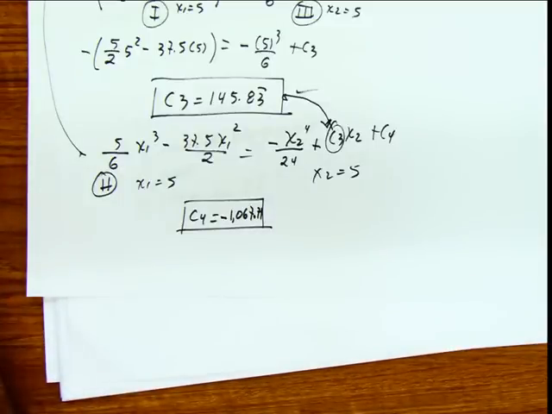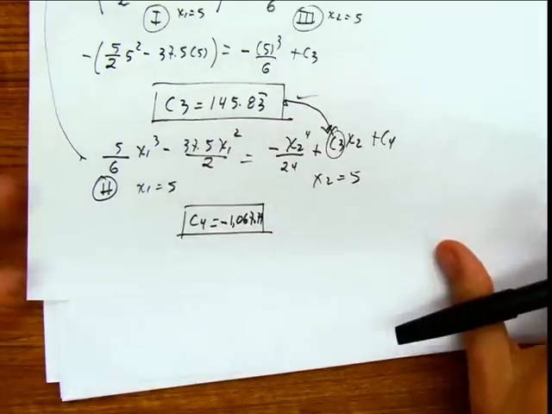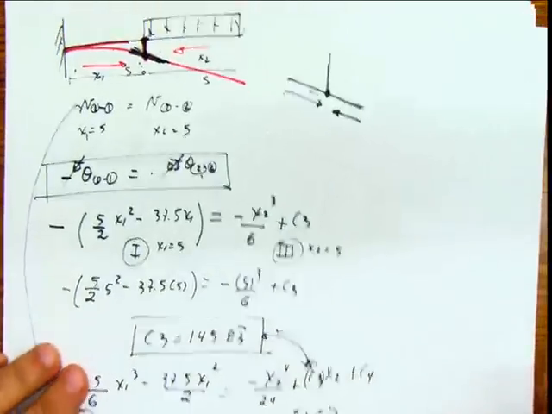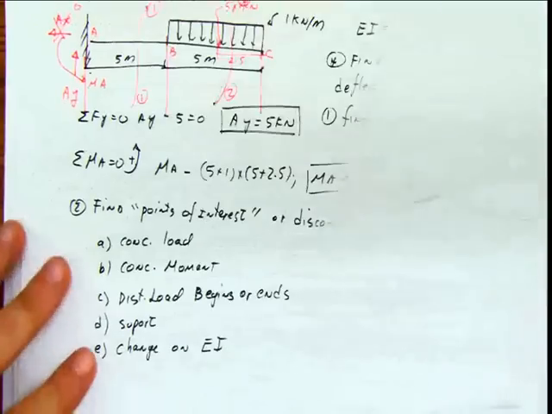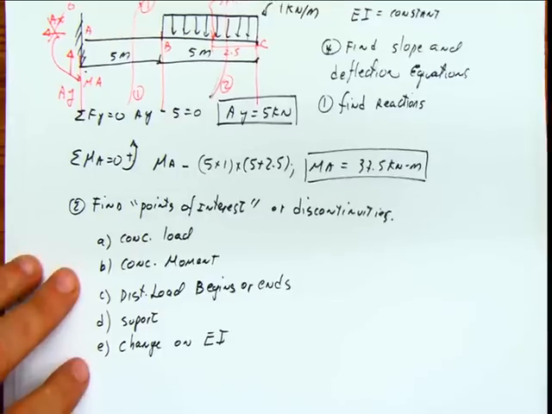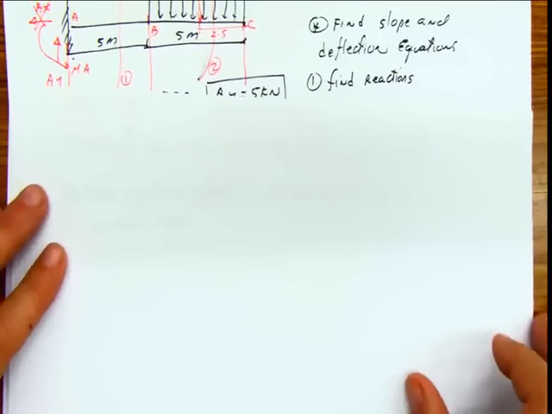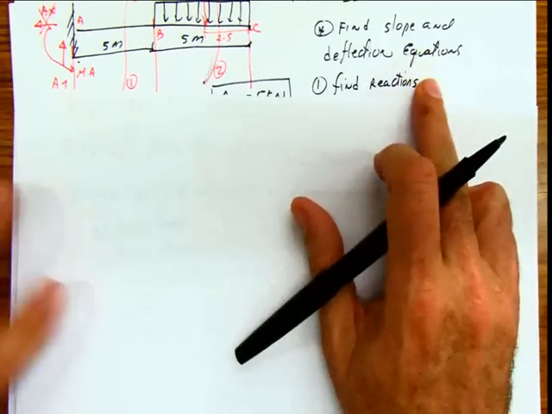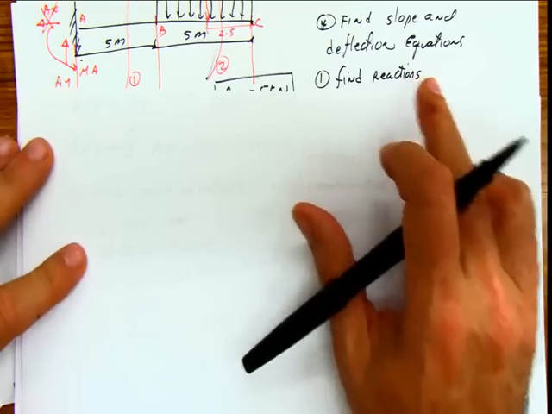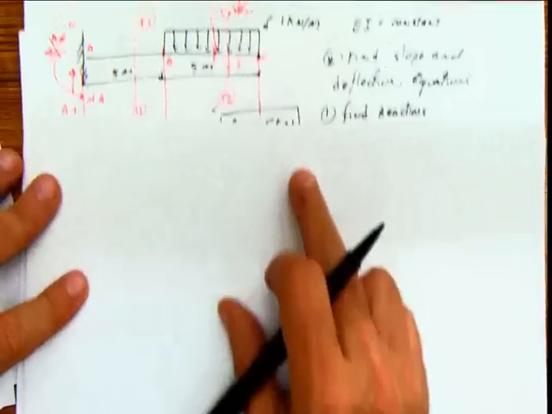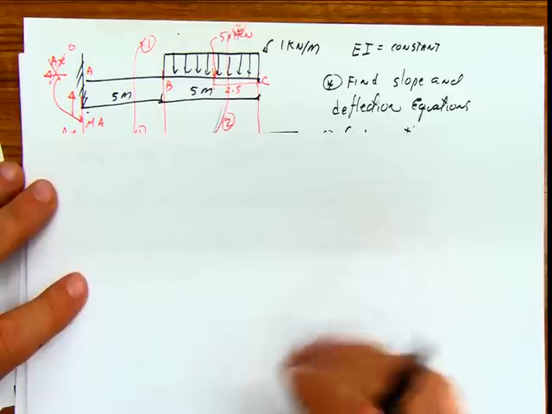Summarizing, if I want to do a compilation of everything that we got from this problem, remember we had this beam at the beginning, and we had to find the slope and deflection equations at any point for this beam. And this is what we got.